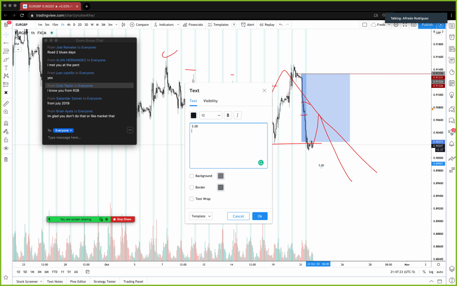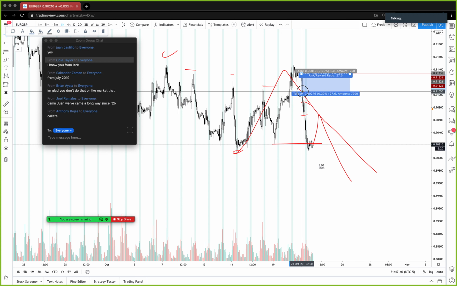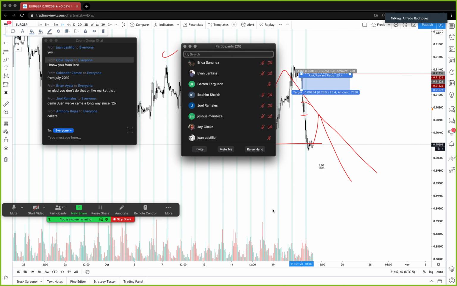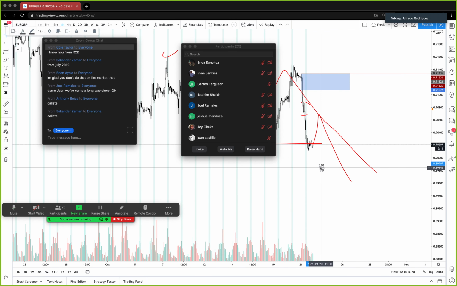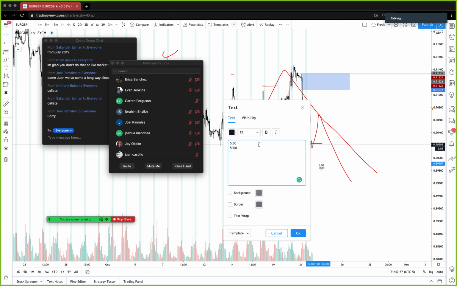So 50 bucks times 100, that's 5K. So if at 1 to 30, okay, we'll say 1 to 30 here, 1 to 25. If at 1 to 25, you take 30% of your position, or let's say 40% just to make the numbers a lot better, that means you got 25 pips at 5.0.